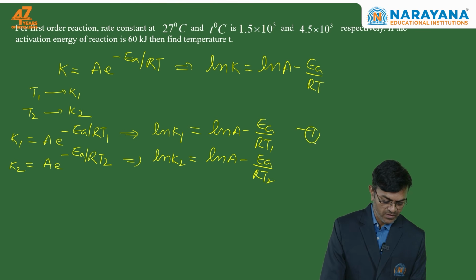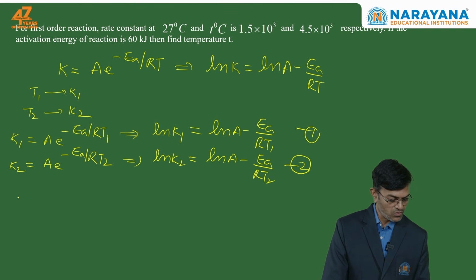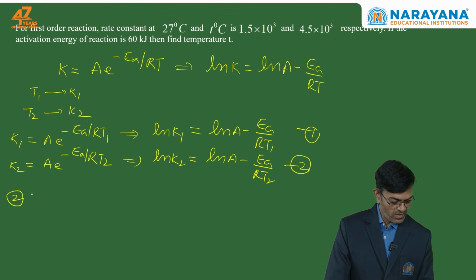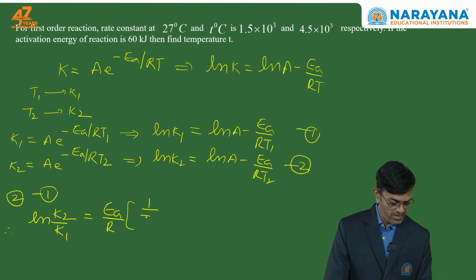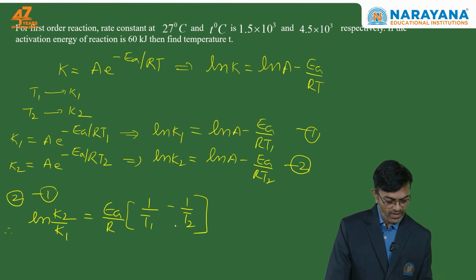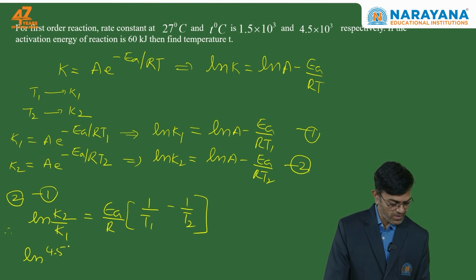This is 1 and this is 2. So 2 minus 1, if you do it, you will get ln K2 by K1, which is equal to Ea by R into 1 by T1 minus 1 by T2.